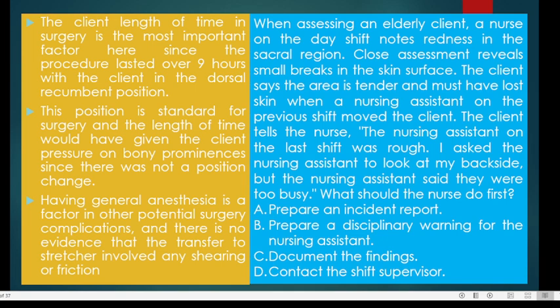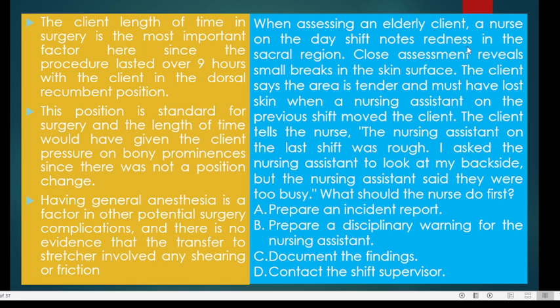This position is standard, but the length of time will have given the client pressure on bony surfaces since there was no position change. Having general anesthesia is a factor in other potential surgical complications, and there is no evidence that the transfer involved any shearing or friction.